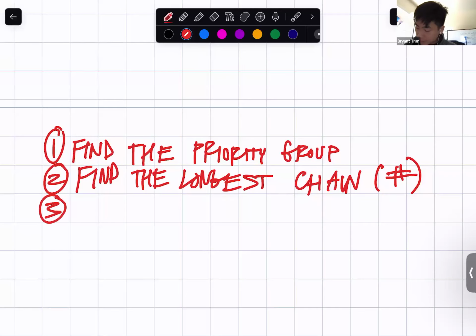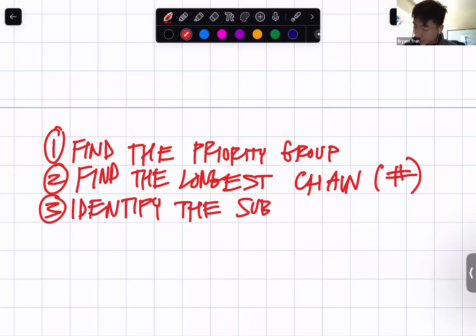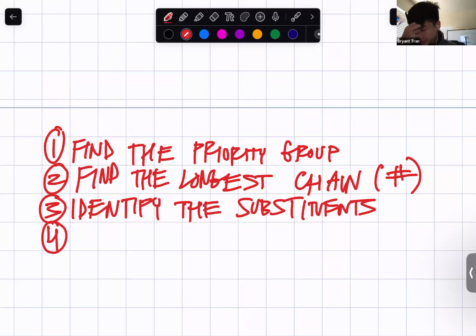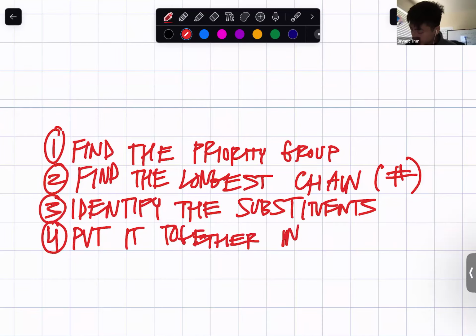And then you would identify the substituents, so the other groups that are not the priority group. And then you would put it together in alphabetical order, in ABC order.